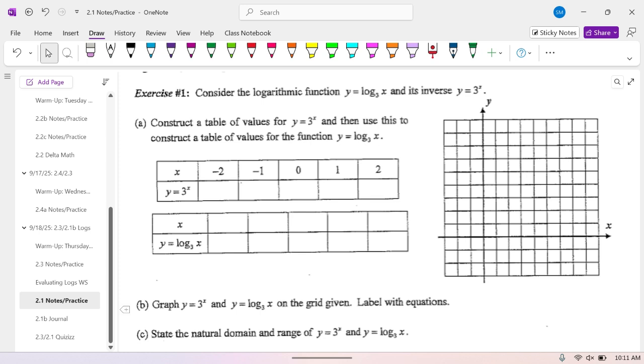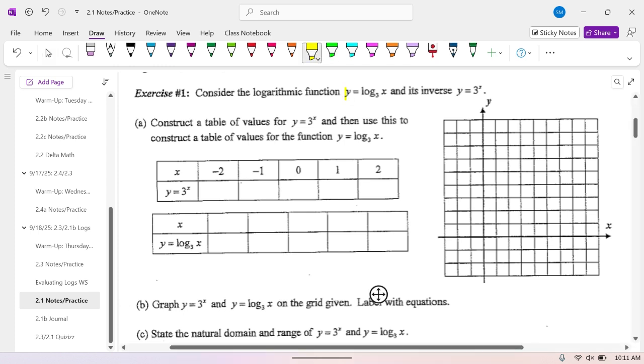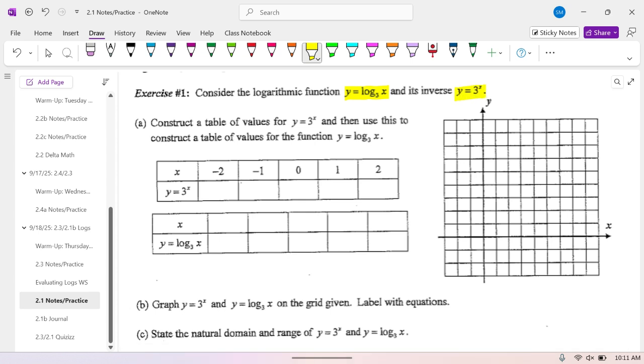Do you guys remember when I said that 2.1 is like, we're going to put a pin in it and come back to it when we did it with exponentials? Now we're coming back to it. We're taking the pin out. So we already know if you have log base 3 of x, its inverse is y equals 3 to the x power.